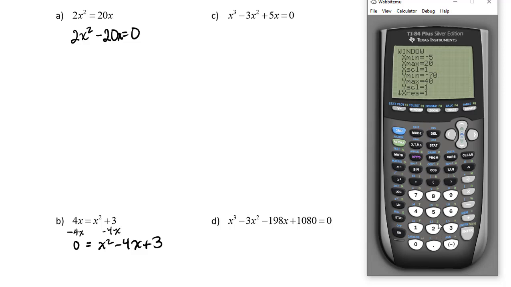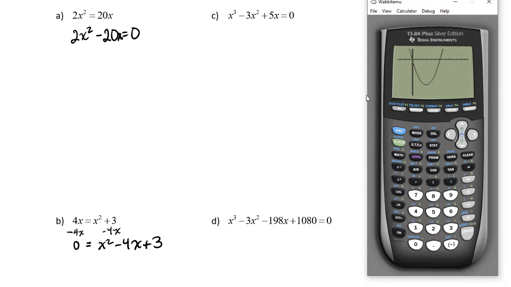I'm just guessing here. And my y max doesn't need to be quite at 40. We can do 20 instead and see what that does to my graph. Notice that this shows me a nice space of a quadratic or parabola shape. And so now we need to figure out where those zeros are.